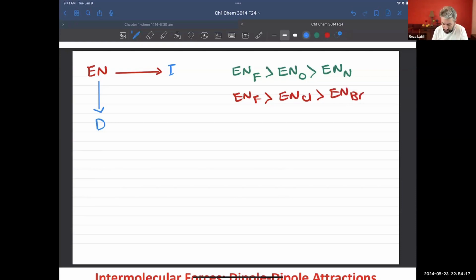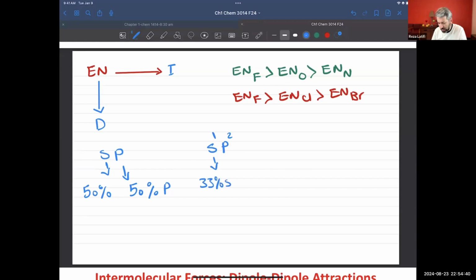That's one. And we talked about hybrid orbitals. We said sp has 50% s character and 50% p character. sp2 is going to be 33% s and 67% p character.